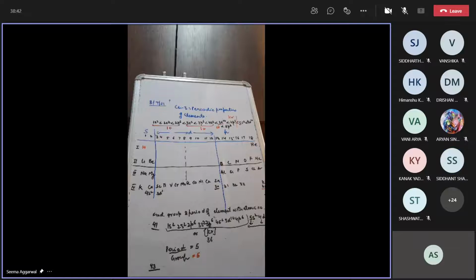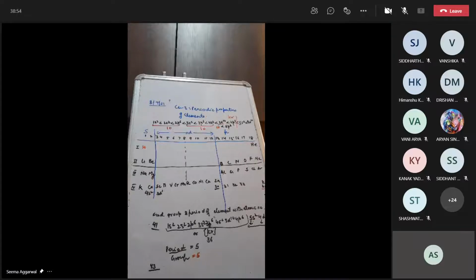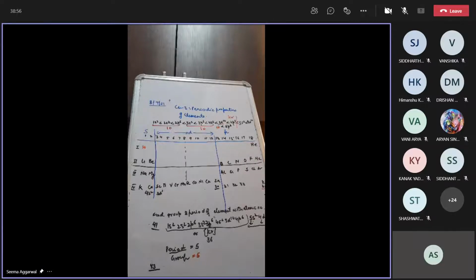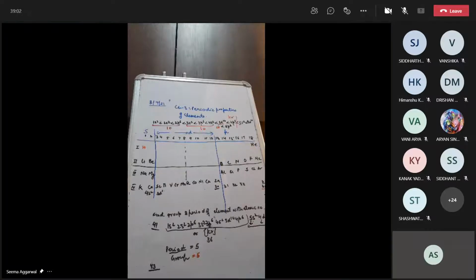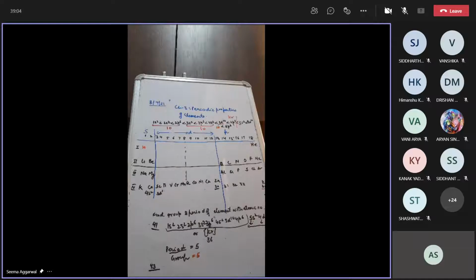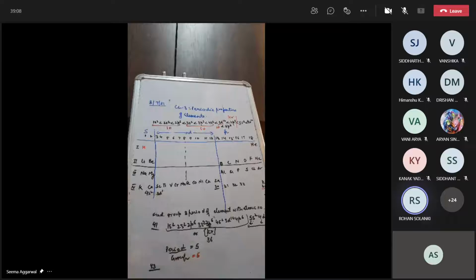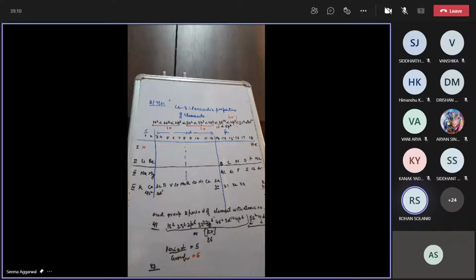Okay? Okay, Rohan. Now can you tell me, Rohan, if I am taking the element with atomic number 43? Rohan, say yes, ma'am. I saw your name in the attendance list. Yes, ma'am. 43. What is the configuration?